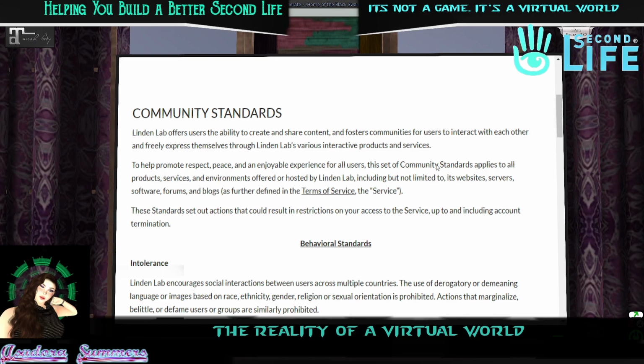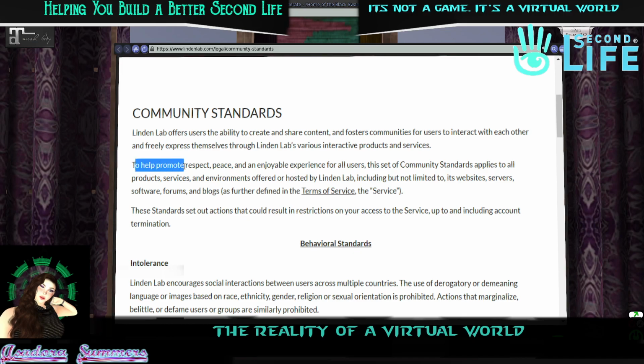Community Standards. Linden Lab offers users the ability to create and share content and fosters communities for users to interact with each other and freely express themselves through Linden Labs' various interactive products and services.